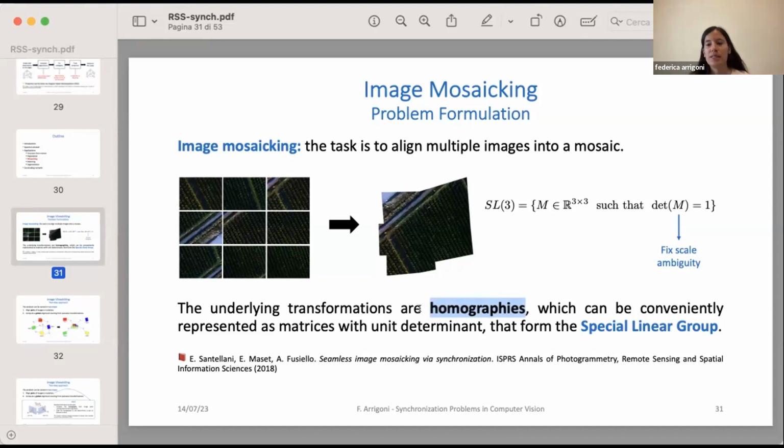Since there is this scale ambiguity, a convenient way is to represent them as matrices with unit determinant. This is done by scaling these matrices to unit determinant, which permits to avoid the scale problem and at the same time work on a group, which is the special linear group.